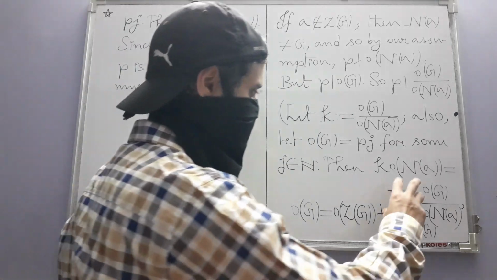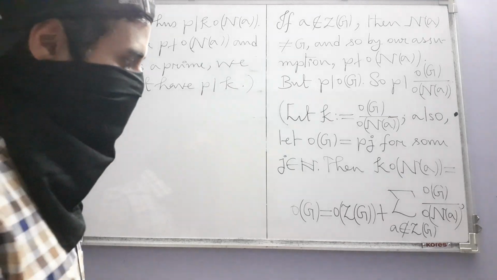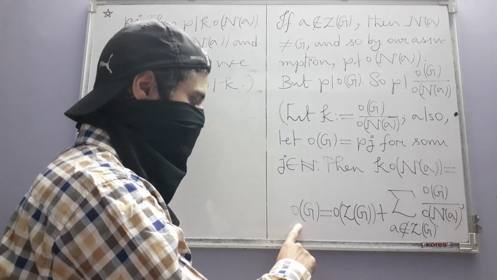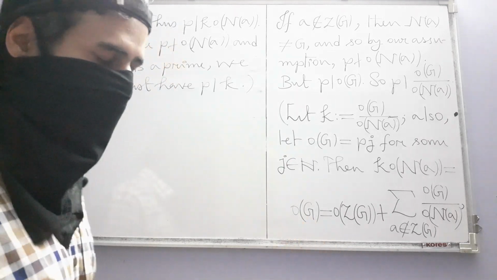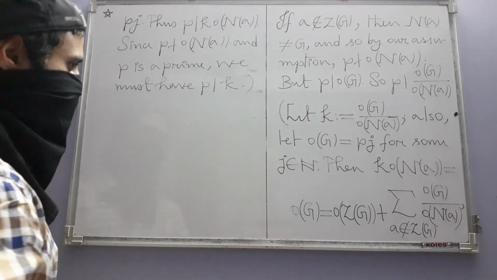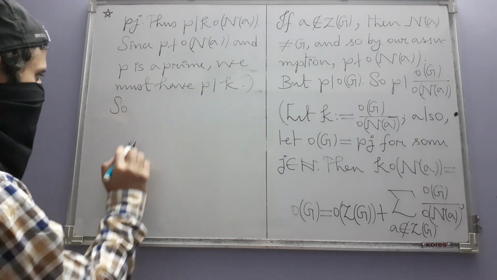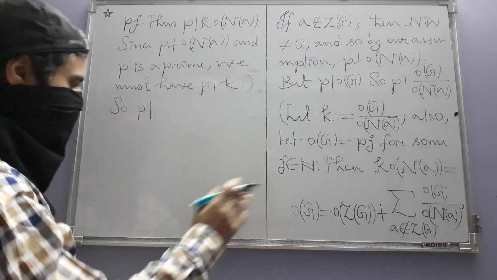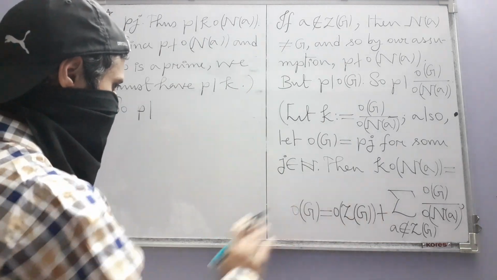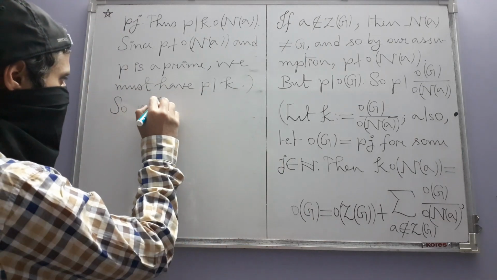So that means in this sum, each term is an integer that is divisible by P, and the left hand side is also divisible by P because that is our hypothesis. So P divides, in fact we can take one more step before we fully use the class equation.